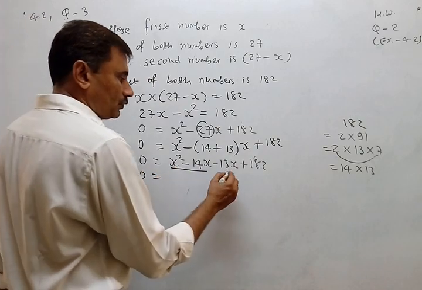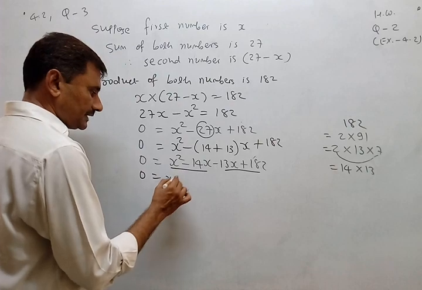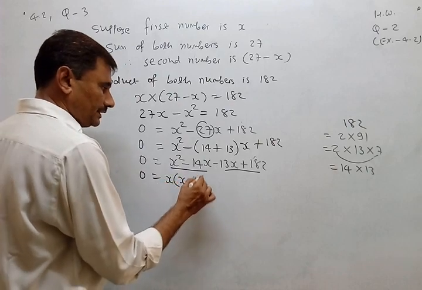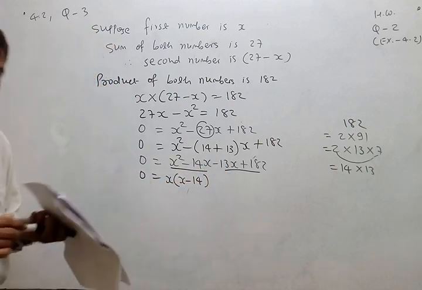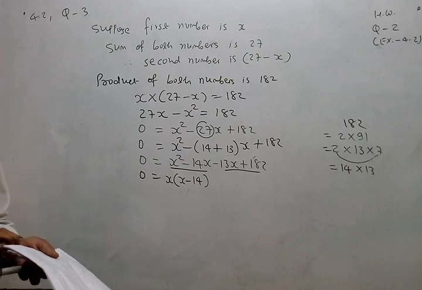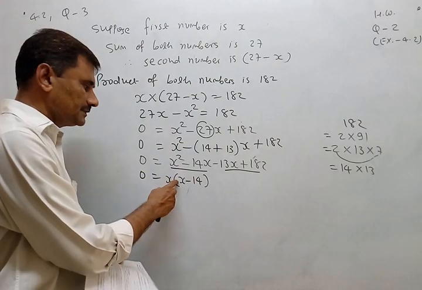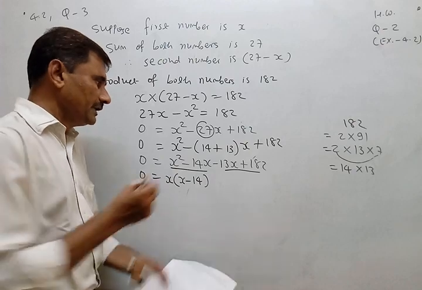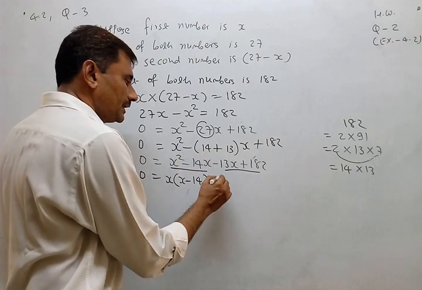Now take common from the first two and last two terms. Here x is taken common, so x minus 14. Here 13 is taken common. Why? Because you can somewhat judge from here also. And whenever the third term is minus, you have to take minus.